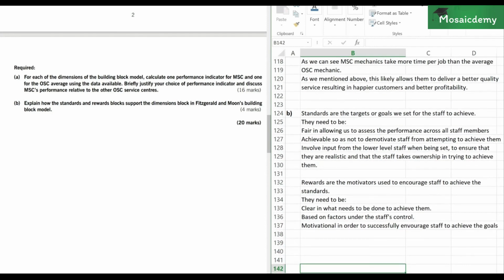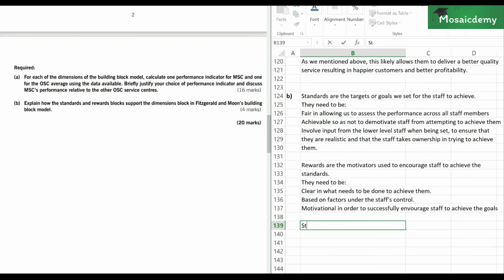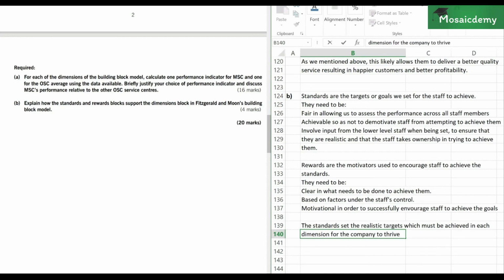Okay, and now we'll just link them to dimensions. The standards set the realistic targets which must be achieved in each dimension for the company to thrive, while the rewards are there to ensure that staff hit the targets in each dimension.